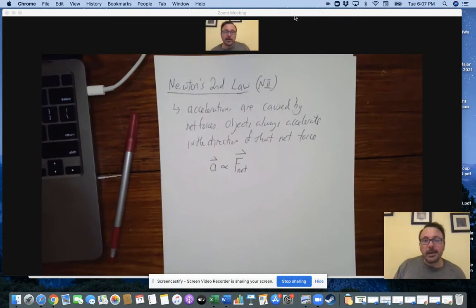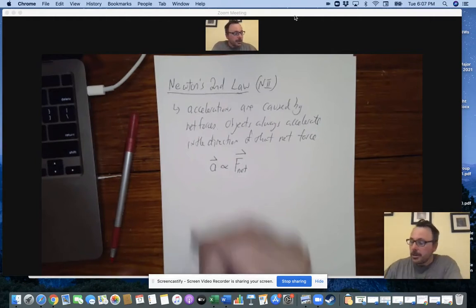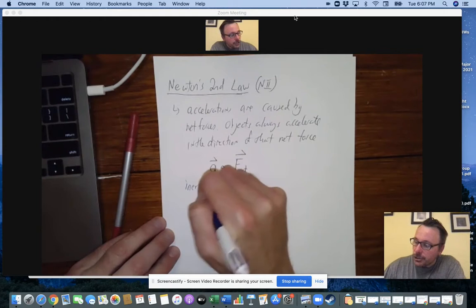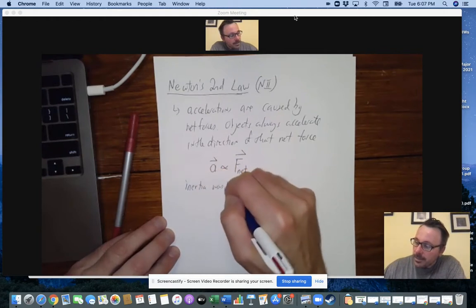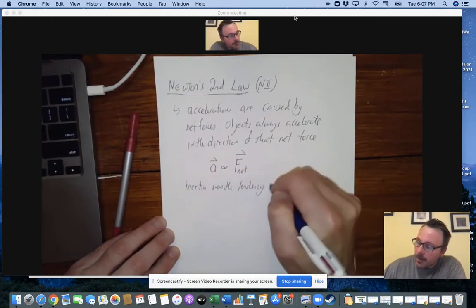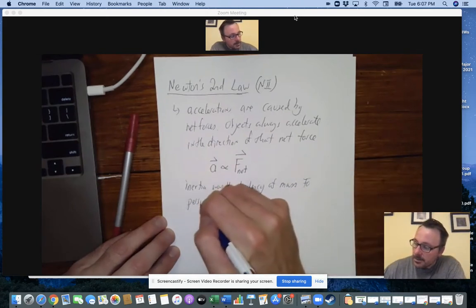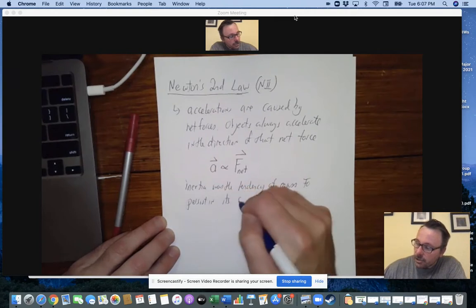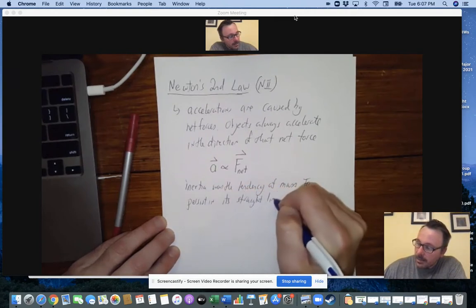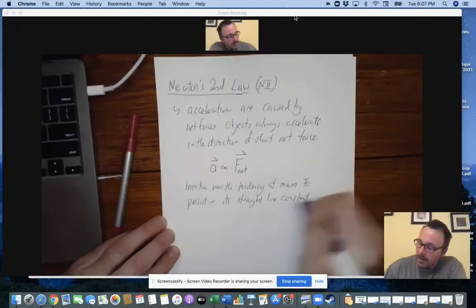But there's something else that affects the size of acceleration. And what could that be? Well, what that is inertia. Okay? Because this is the real meaning of inertia. We said previously that inertia was the tendency of mass to persist in its straight line, constant velocity motion.